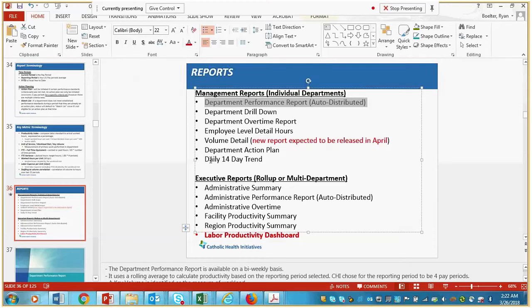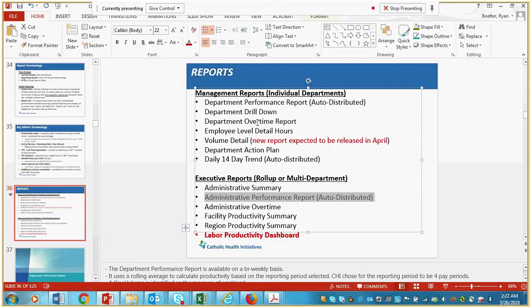And I actually take that back. The daily 14-day trend can also be auto-distributed. So I'll change that here on the fly. From a roll-up perspective, the administrative performance report can be emailed. The rest of these can only be generated through the report menu. So just keep that in mind.